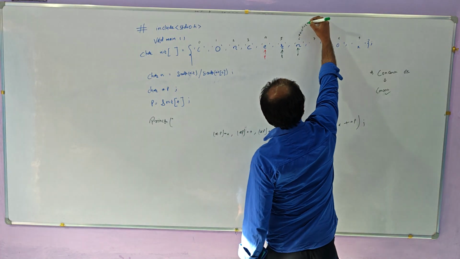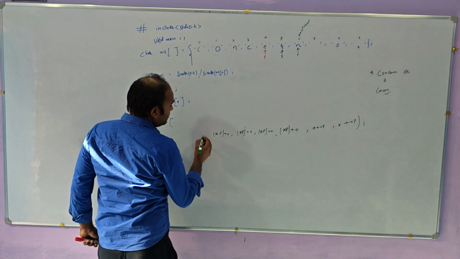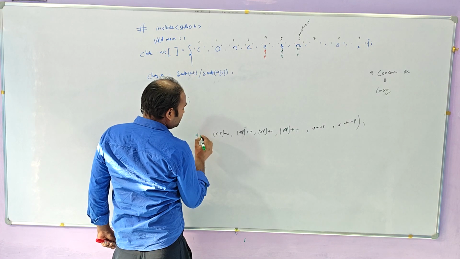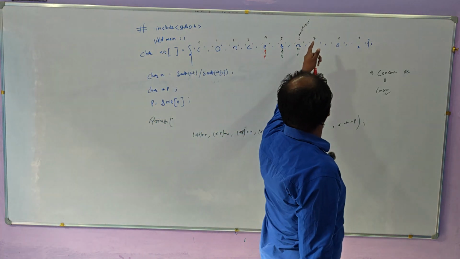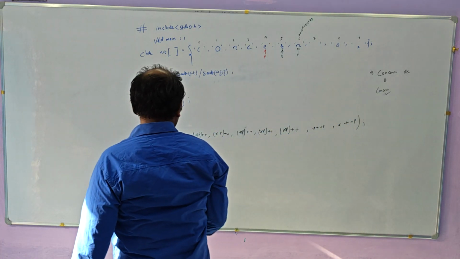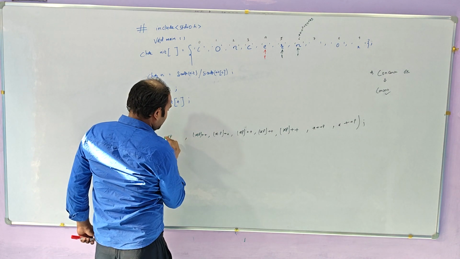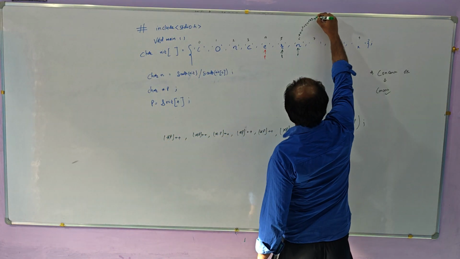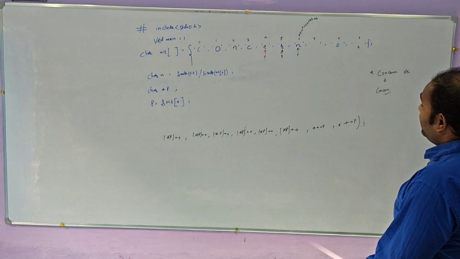Again the value changes from Q to R. Now again *p plus plus. Now again the value changes from R to S. Again *p plus plus. Now again the value changes to T, and that is what we are looking for, T. We got the result.